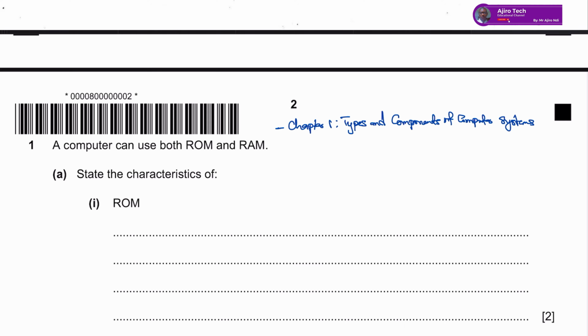Now let's take the characteristics of a ROM. It's important for us to know that the ROM is the read-only memory. And because it's read-only memory, it is non-volatile. I use the word non-volatile because it simply means that it stores data permanently.